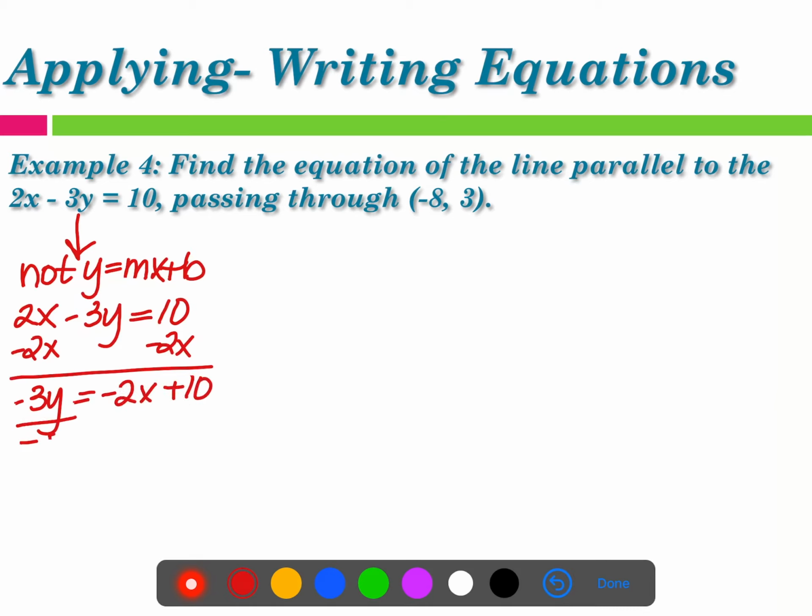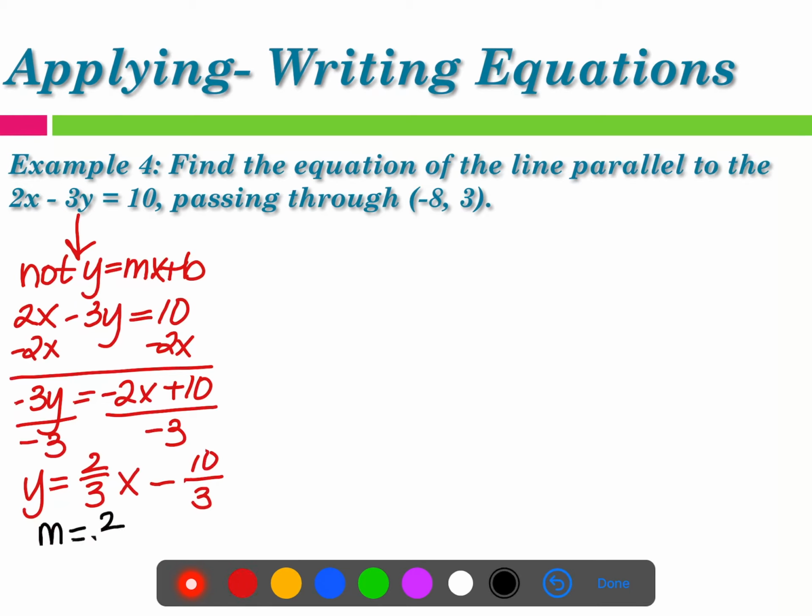So move the x and divide. Now my y-intercept is a fraction, but that doesn't matter because the only thing that we take from that equation is the slope. So the slope there is 2/3.